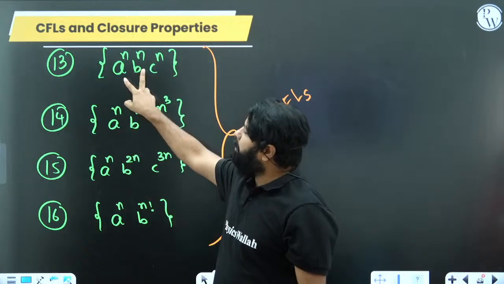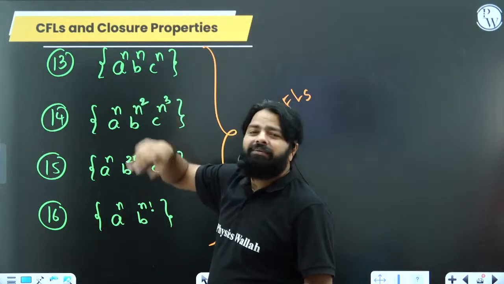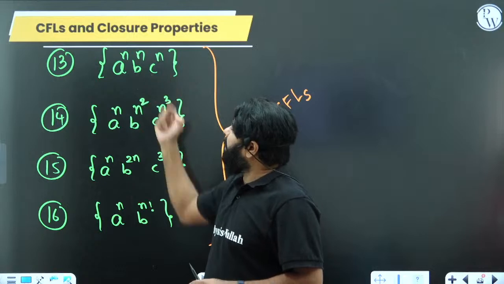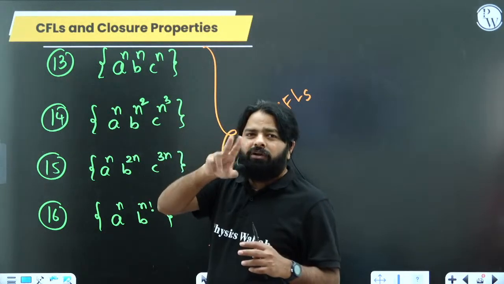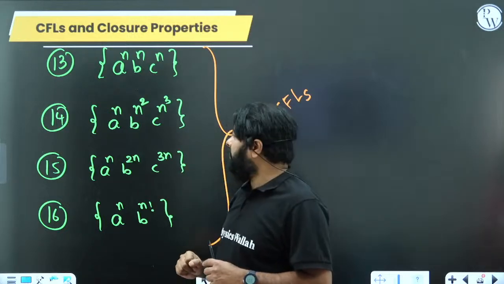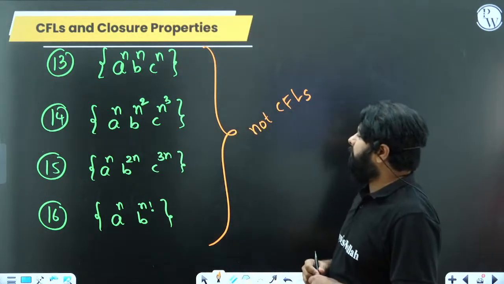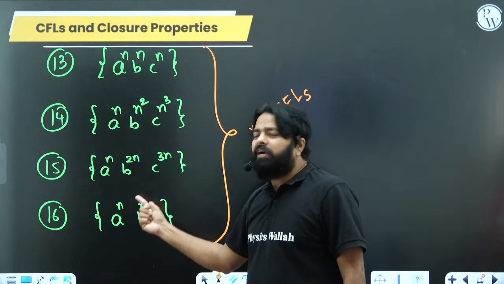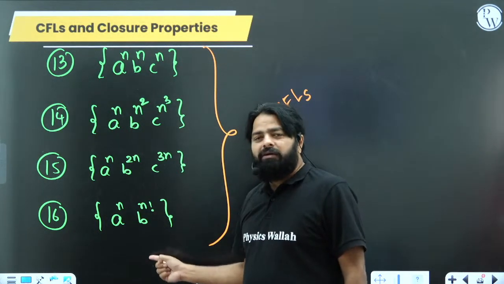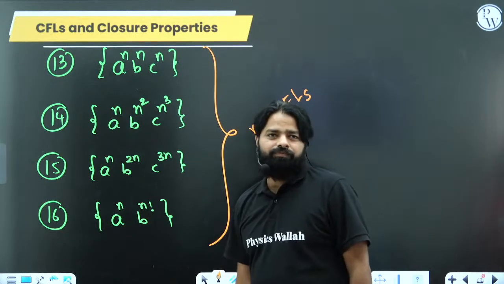If you compare A and B, you cannot compare C with B and A. If you compare B and C, you cannot compare A with the others. So a stack can check the dependency of only two symbols. In all of them you have such things. But in the last one, the n factorial is already impossible with a stack, so you cannot compare these two.